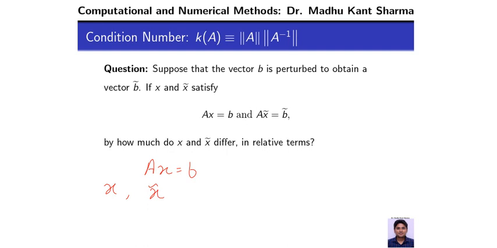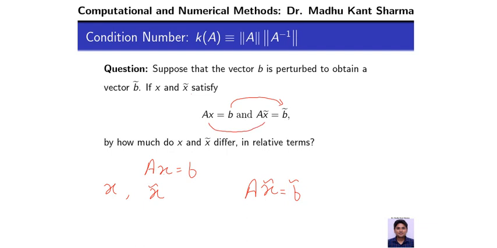So when you apply A on X tilde, you will not obtain the same B, you obtain B tilde. So this relation is fine, right? When X is perturbed to X tilde, B is also perturbed to B tilde. So suppose that the vector B is perturbed to obtain a vector B tilde, and X and X tilde satisfy these relations.